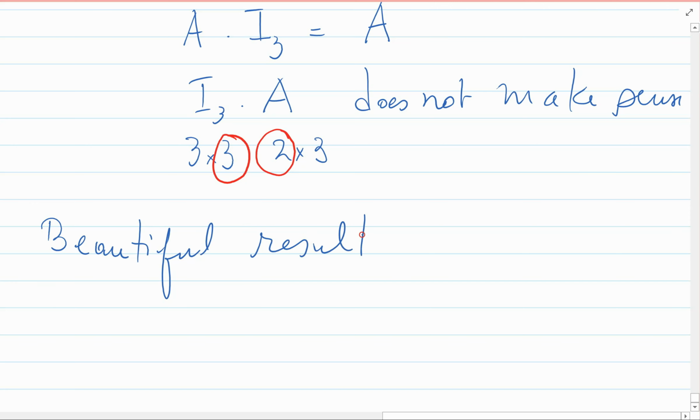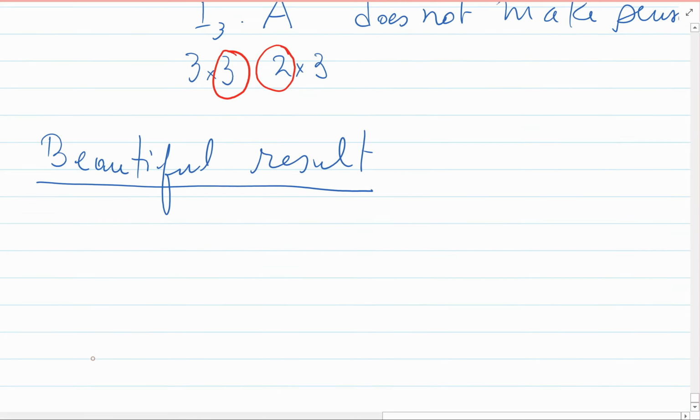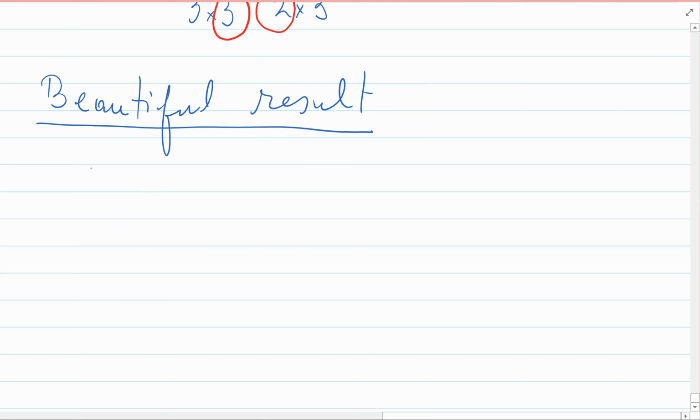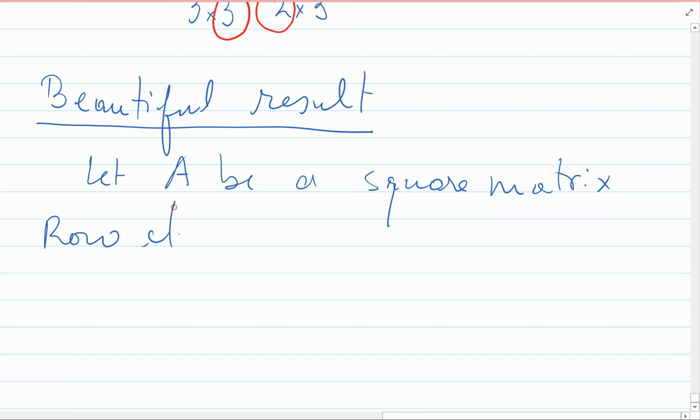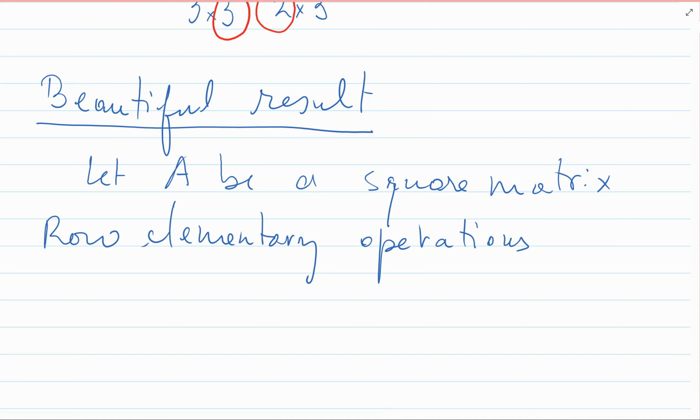Of course, here I'm looking at the elementary row operations on a matrix, which has nothing to do with systems. So let A be a square matrix, and let us apply the elementary row operations to A.